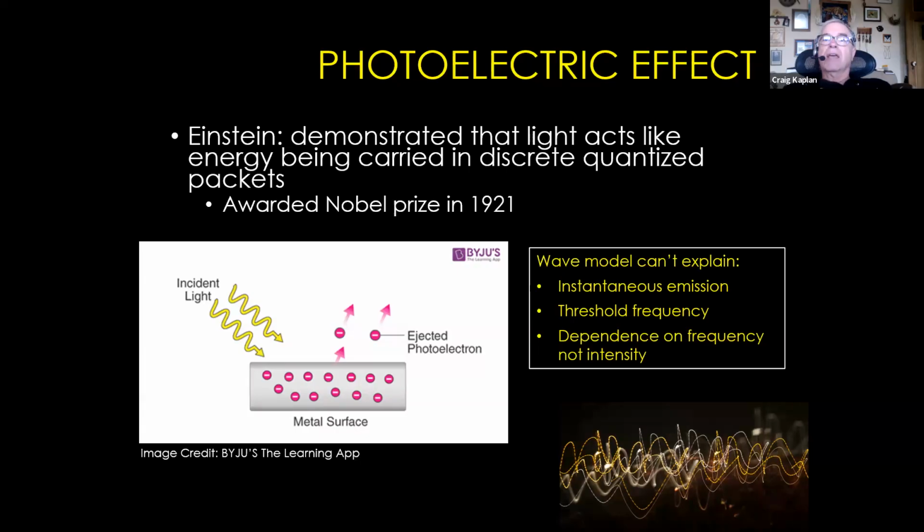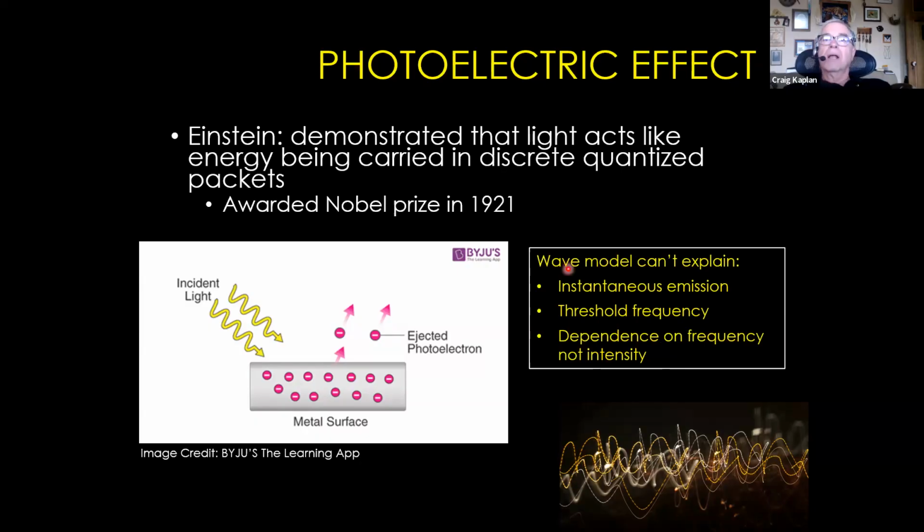And then the final characteristic is that the ejected electrons depend on frequency and not intensity. The maximum kinetic energy of electrons that are measured as they exit this metal depends specifically on the frequency of the light. The particle model explains this, but the wave model can't.